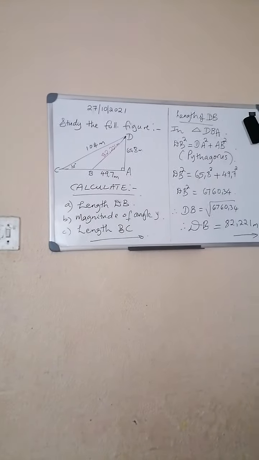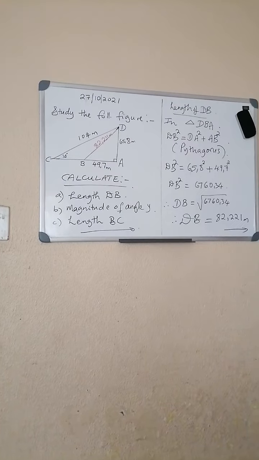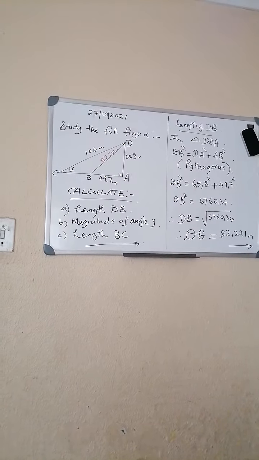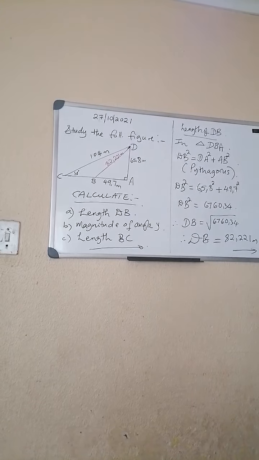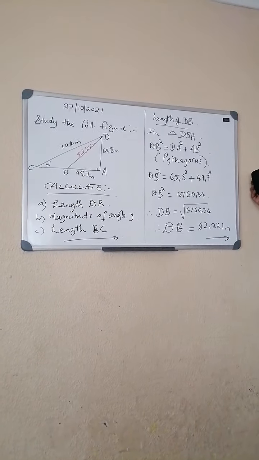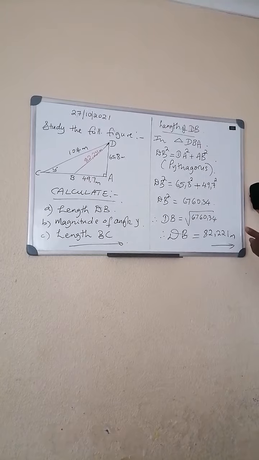Number B, we need to calculate the magnitude of Y. Now in calculating the magnitude of Y, let me take this off because it's the only space that I have. At least now we know it's 82.221.